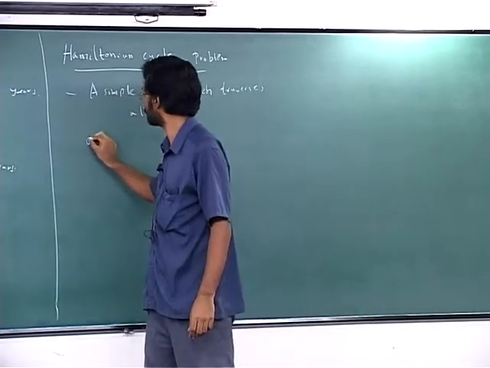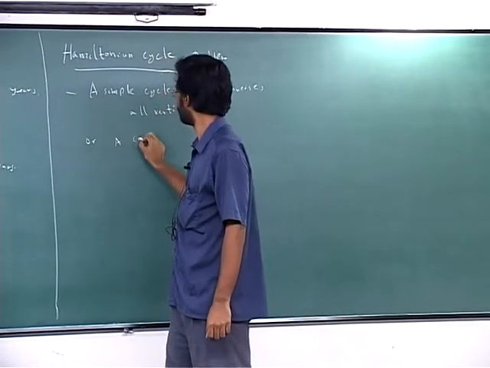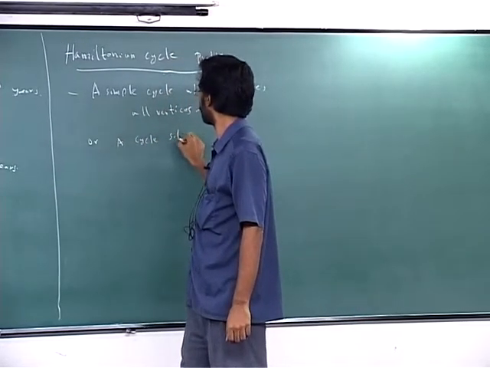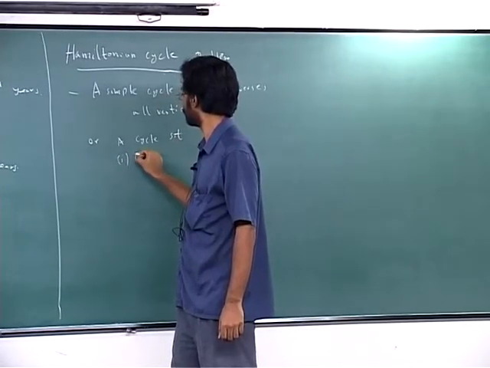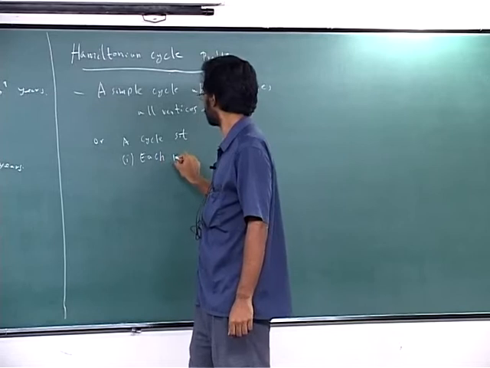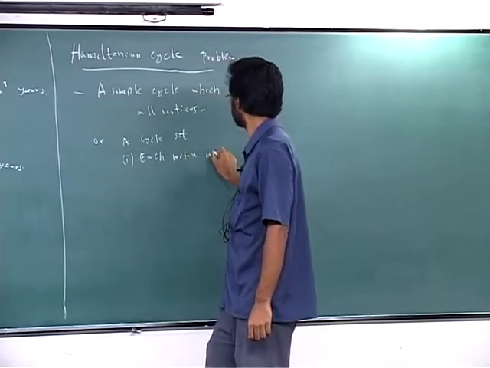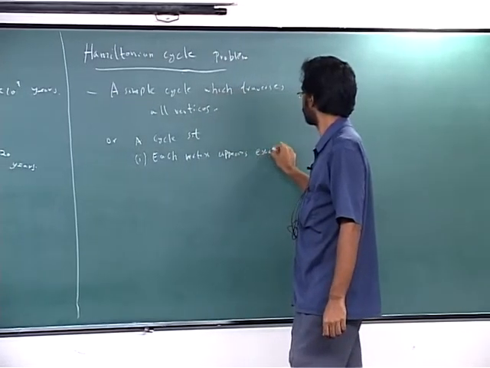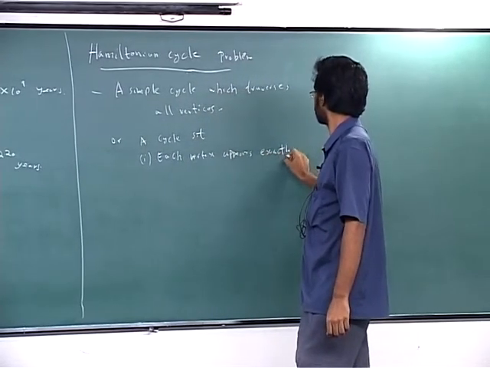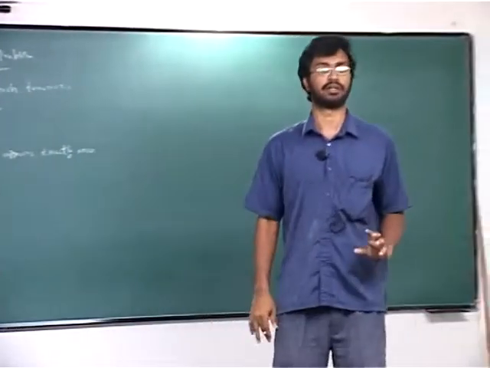A cycle such that each vertex appears exactly once in the cycle.